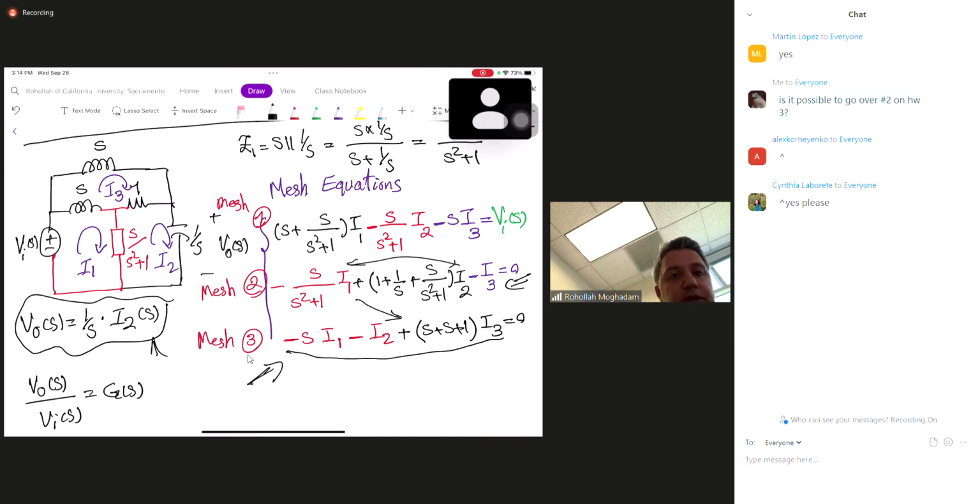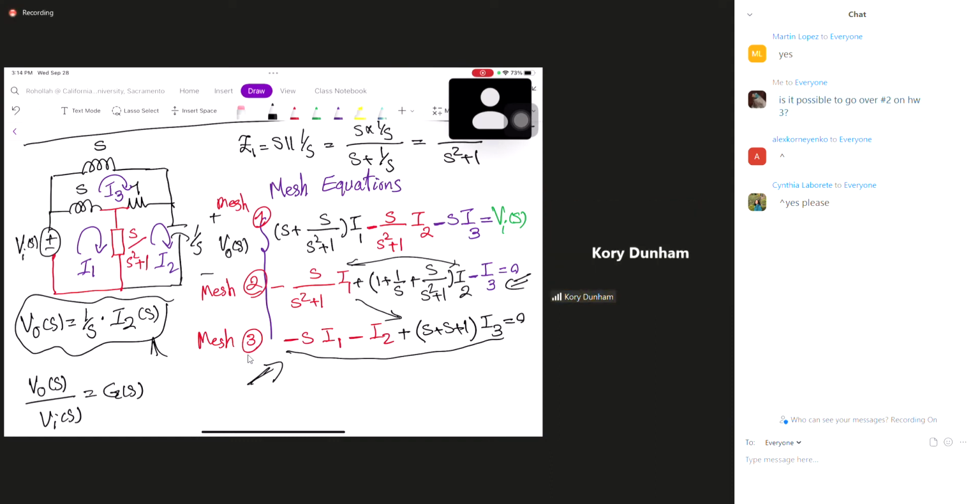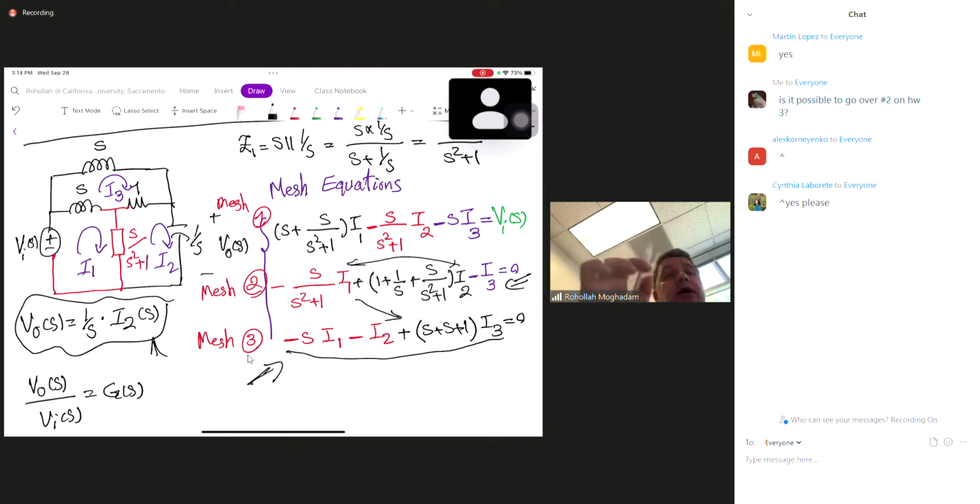Any question here? Wait, Professor, for an exam, would this be okay if we left it like this, or do you want us to go through and solve it? No, in the exam, I will ask you, okay, now just write the mesh equations.